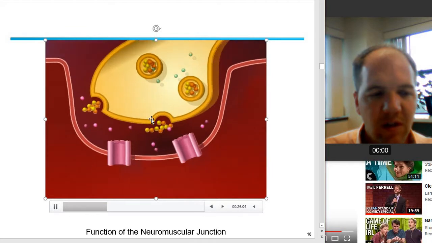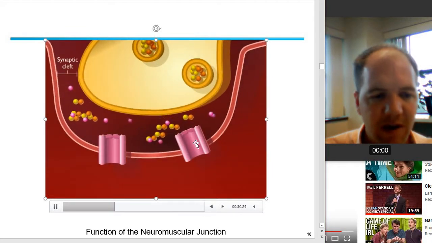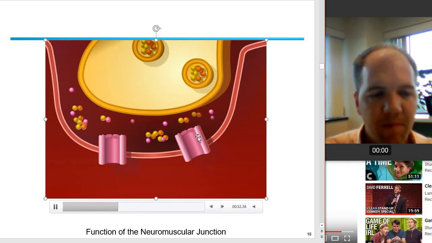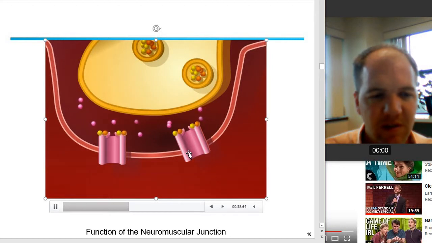The acetylcholine then travels across the cleft and attaches to these channels on the muscle fiber, which open up, and that sends a signal down the muscle which says, okay, now it's time to contract.